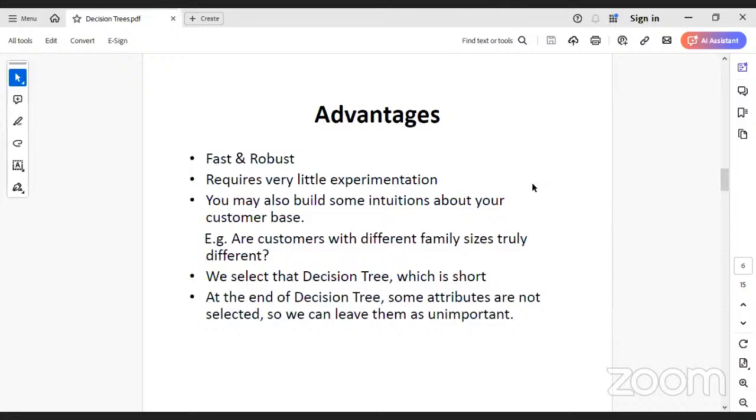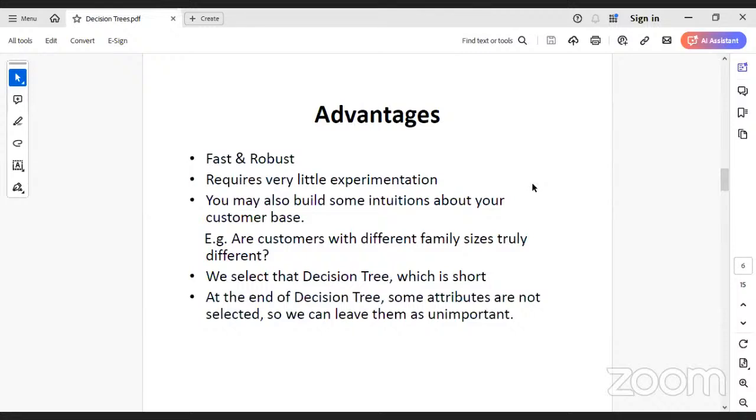At the end of the decision tree, some attributes are not selected, so we can leave them as unimportant. What do we mean by that? When we are building a model, say with 40 independent attributes, we start with 40, but the model will come up and say that 40 are not at all required. You build a model with only these 10 or 12 attributes, that is enough.